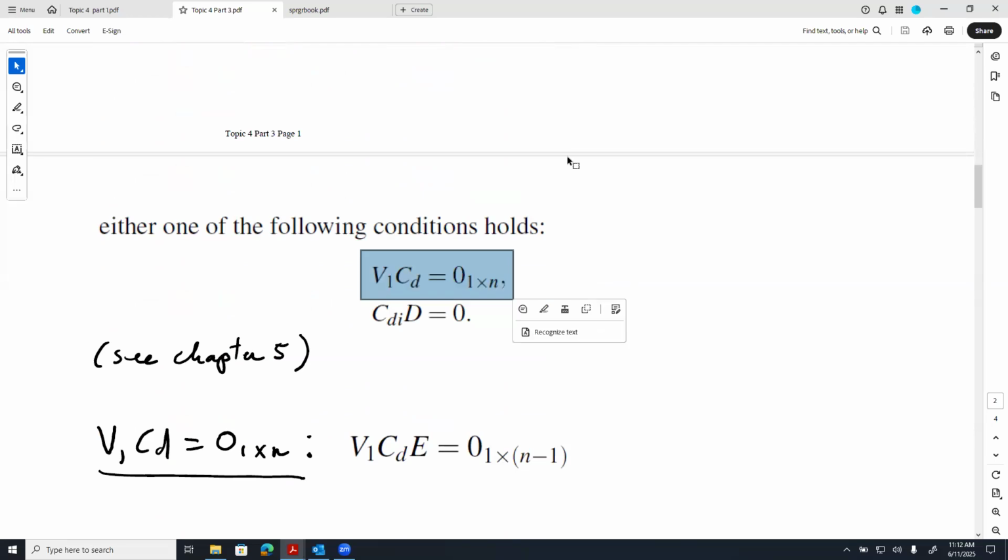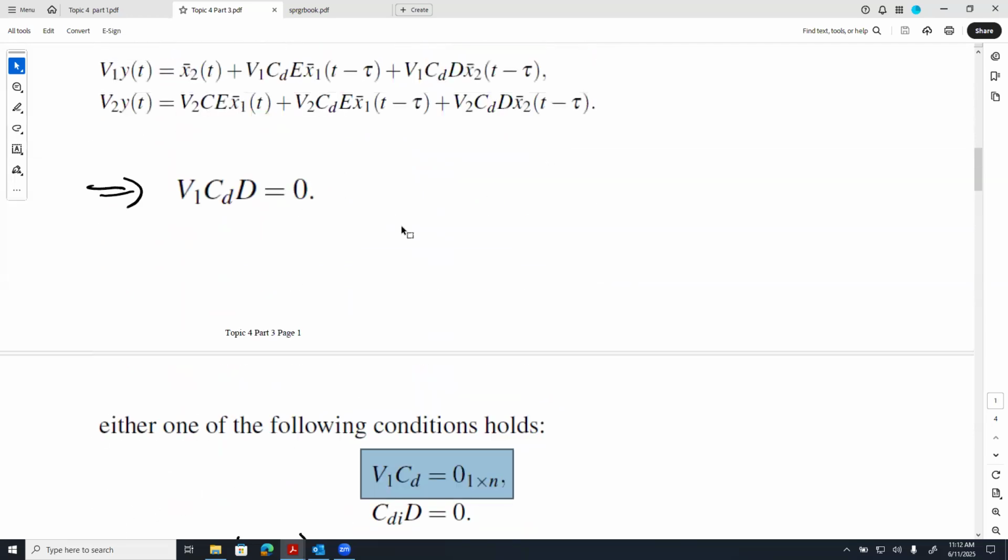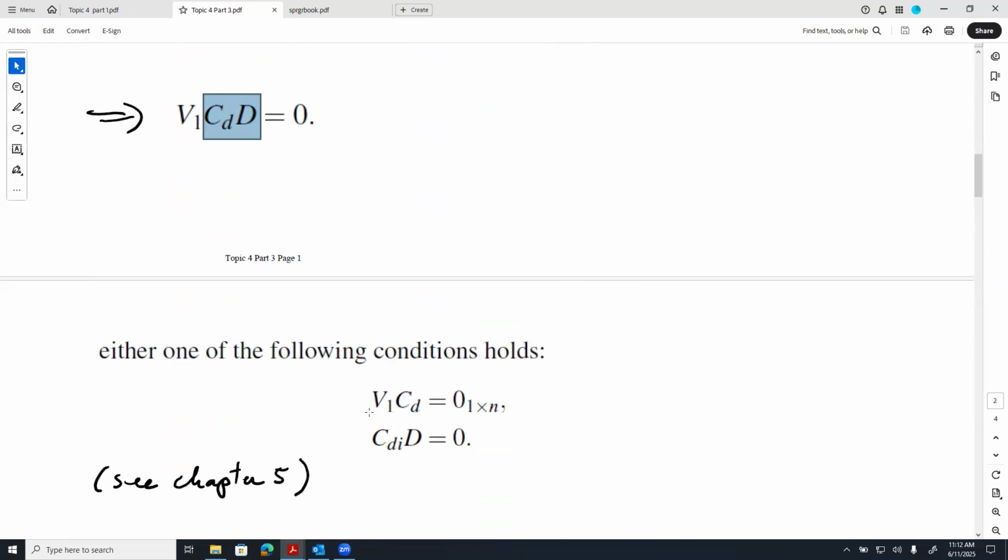All right, and then the other bit, of course, is we want that term there to be 0. What we need to do is impose this structure.